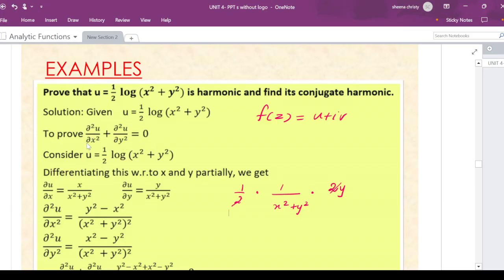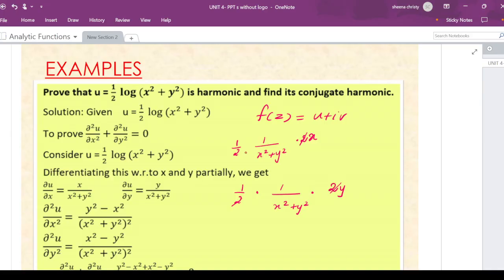Now, to find the second order partial derivative of u with respect to x and y, differentiate u with respect to x first. Differentiation of log is 1 by x square plus y square, and differentiating x square with respect to x will give 2x.